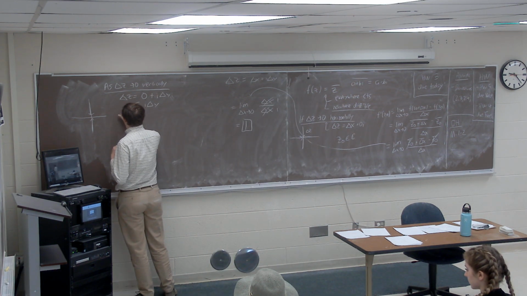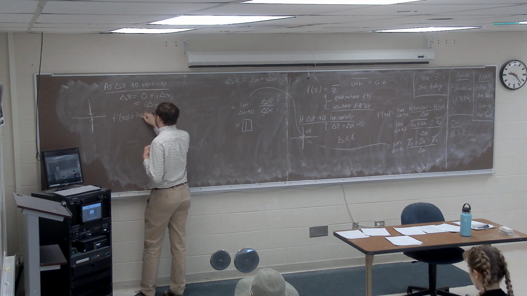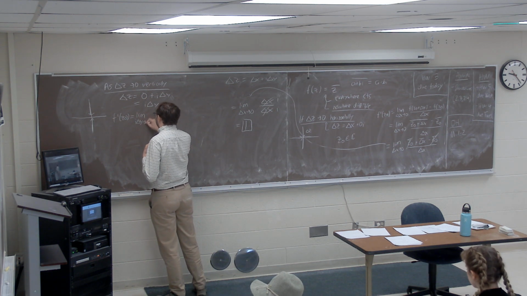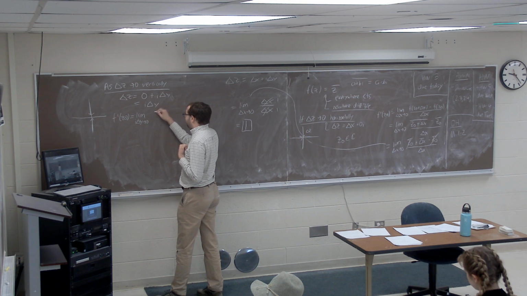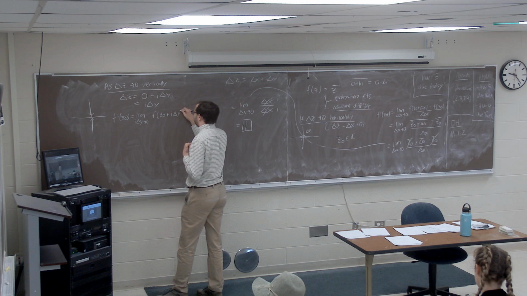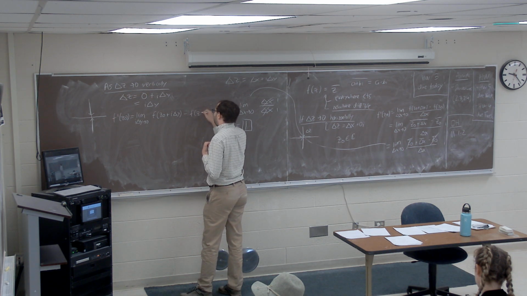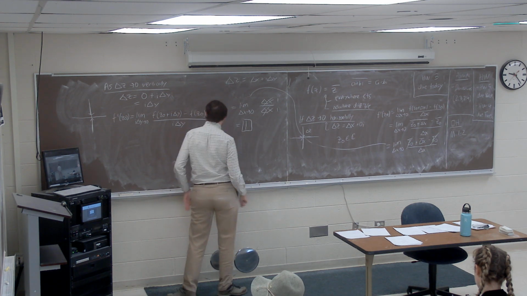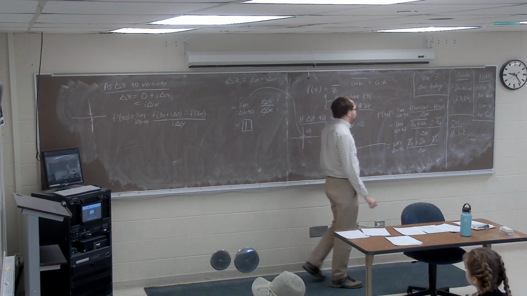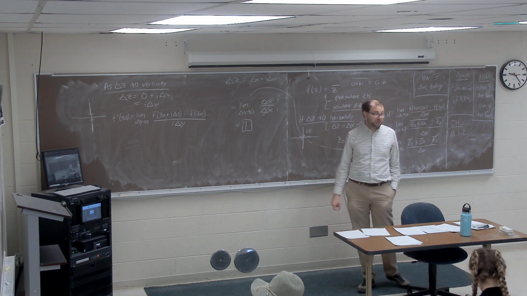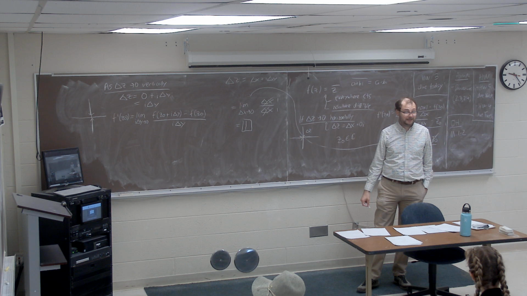So let's take a look at what f prime of z naught would have to be in that case. It's going to be a limit as i delta y goes to 0 of f of z naught plus i delta y minus f of z naught, all divided by i delta y. Again, replacing delta z in our original definition with just i times delta y.